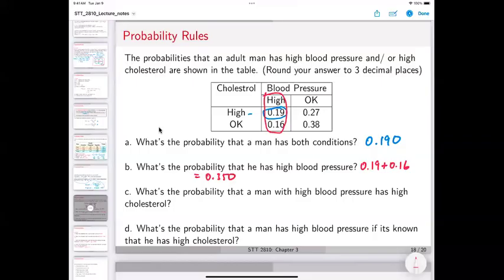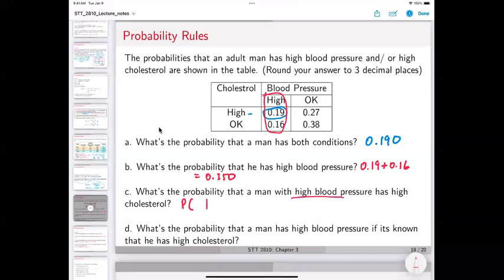Now let's see the probability that a man with high blood pressure has high cholesterol. So you are looking for the probability that somebody who already has high BP has high cholesterol. So we write the probability of, we are looking at somebody with high blood pressure, so you already have high blood pressure.